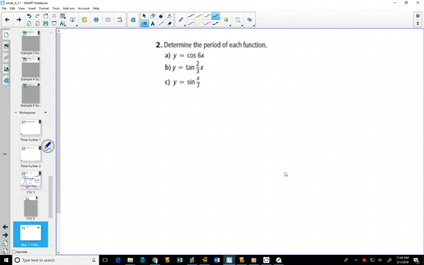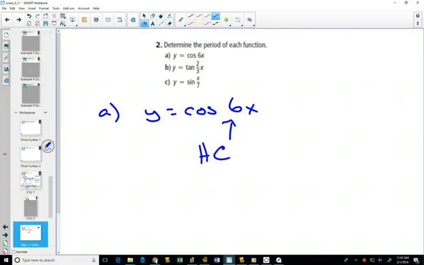Anything inside the function affected it horizontally. And in part A, where we have y equals cos of 6x, this will be a horizontal compression by a factor of 1/6. You would multiply all of your x values by 1/6.